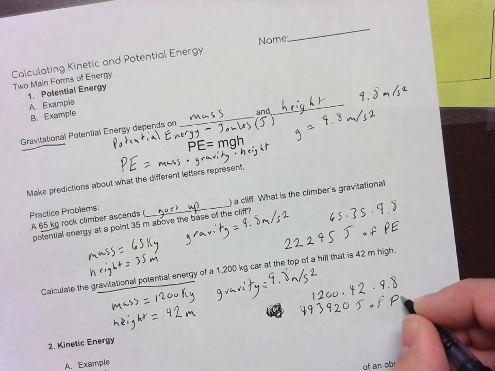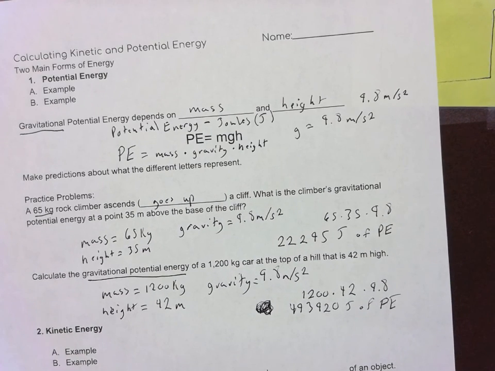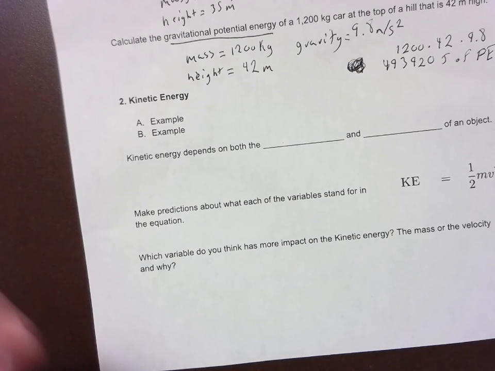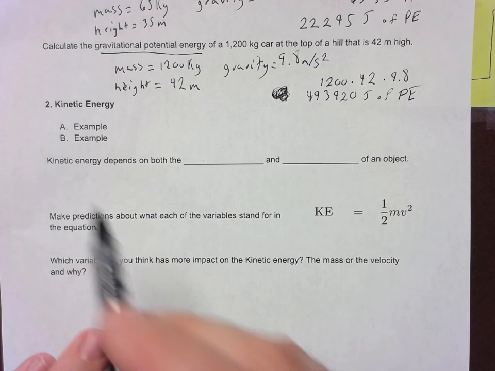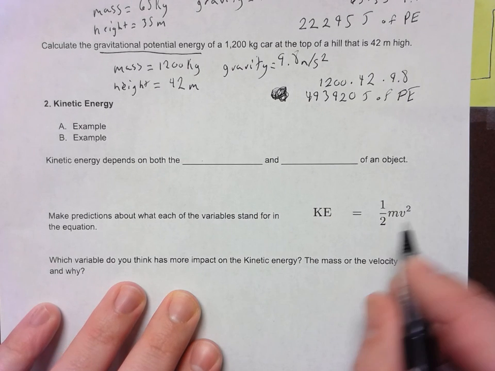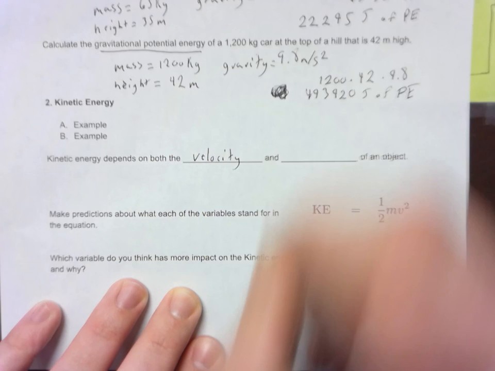All right, makes sense. Now moving on to kinetic energy, and we will have practice with this together after we're done. So kinetic energy depends on, given our equation here, both velocity and mass of an object.